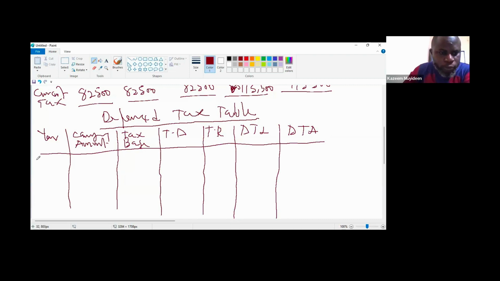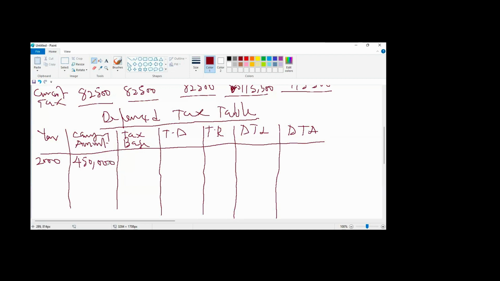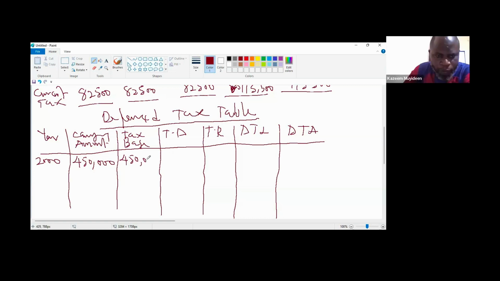For 2000, how much is the asset? 450,000. Depreciation and capital allowance: how much depreciation was charged?